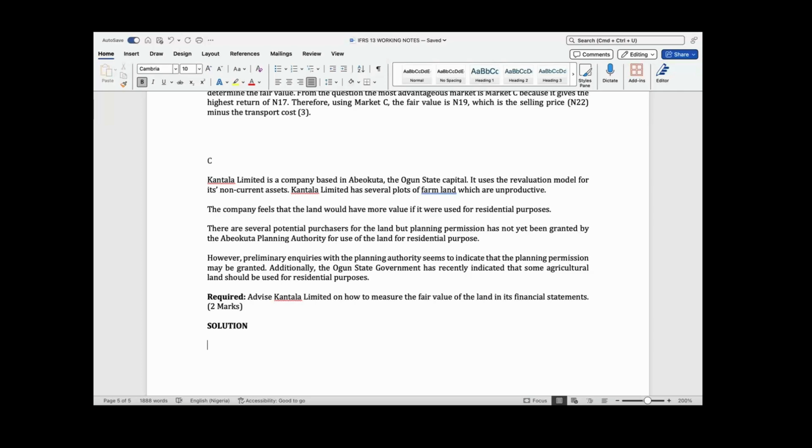Then the second part of our explanation was where we talked about assumptions of market participants, where we said fair value is determined in the principal or most advantageous market, which we'll have sub questions on. Then another assumption is that the fair value of a non-financial asset is determined based on its highest and best use. That's the answer here.